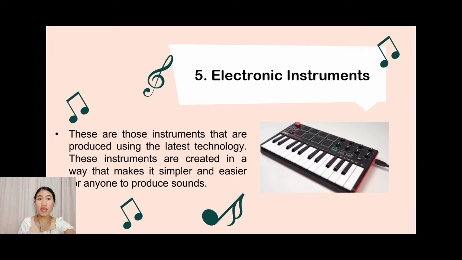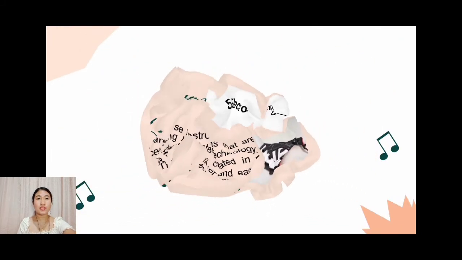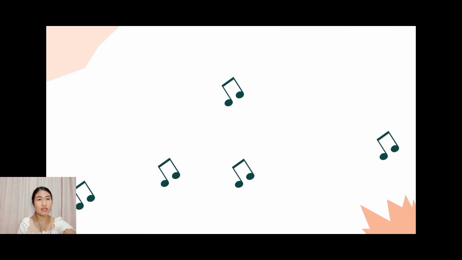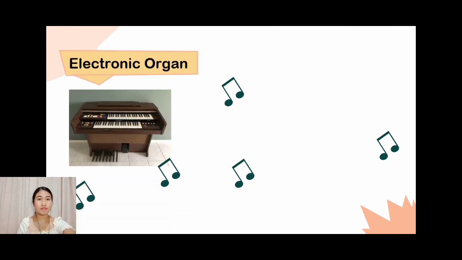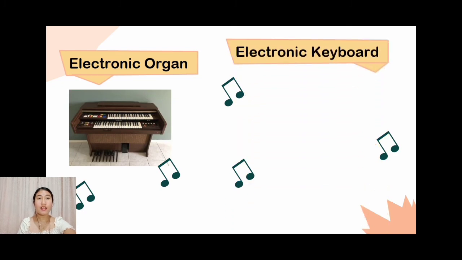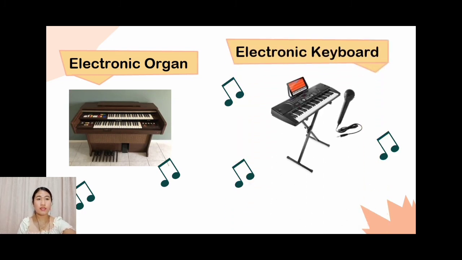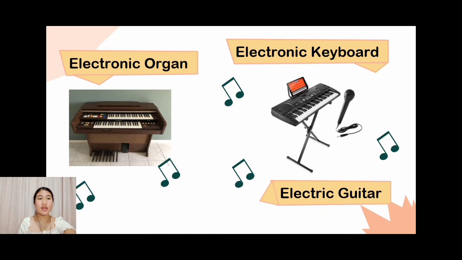These instruments are created in a way that makes it simpler and easier for anyone to produce sounds. So take a look at the examples of electronic instruments. We have the electronic organ, electronic keyboard, and lastly, the electric guitar.